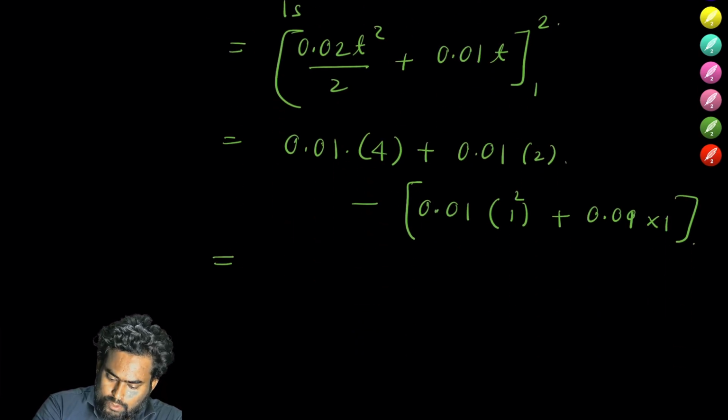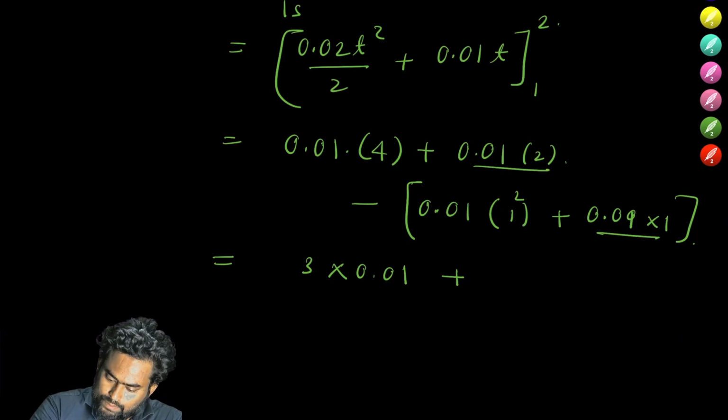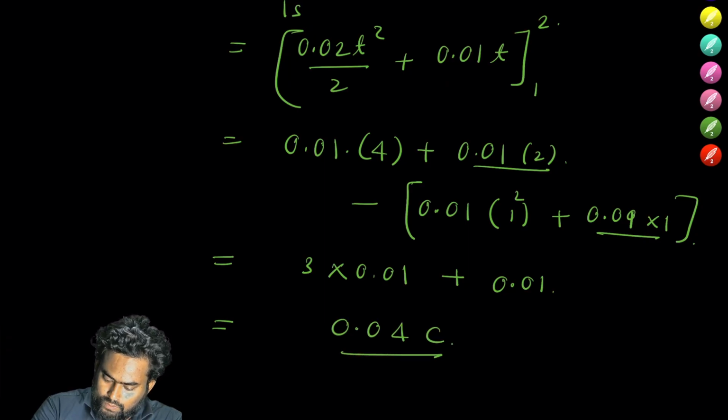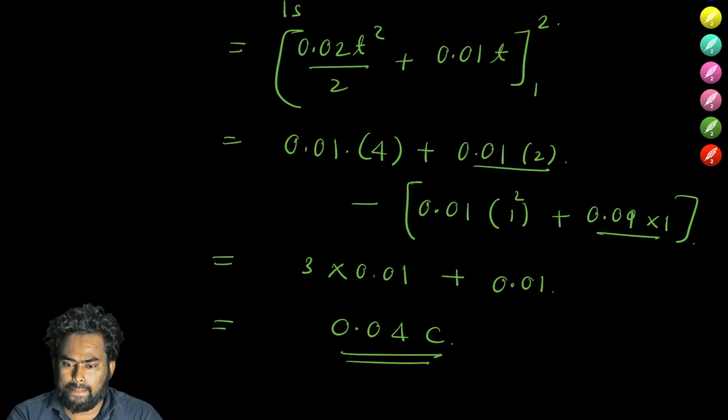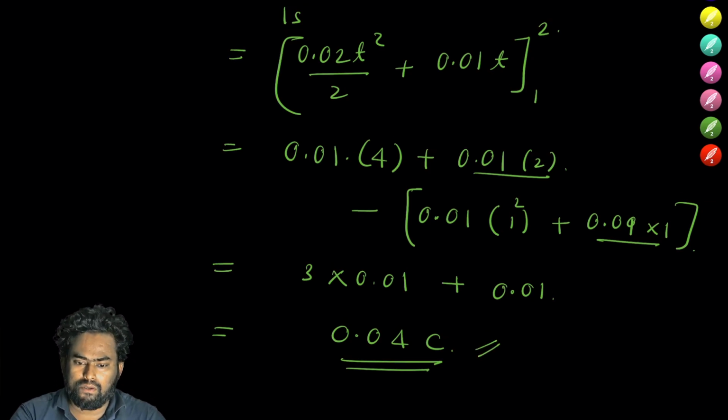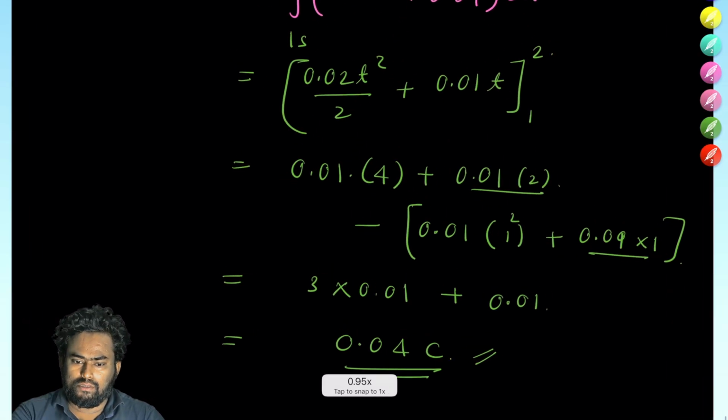Okay, so 0.01 times (4 minus 1), 3 times, so 3 times 0.01, then plus we have 2 times 0.01, and here minus 1 time, so 1 time 0.01. So 0.03, 0.04, 0.03, 0.01, so it will become 0.04 coulomb of charge will go. Okay, 0.04.